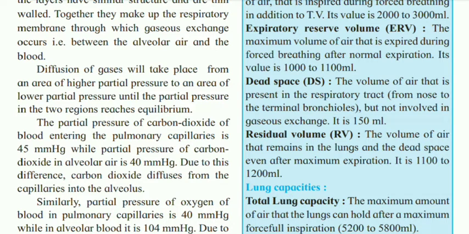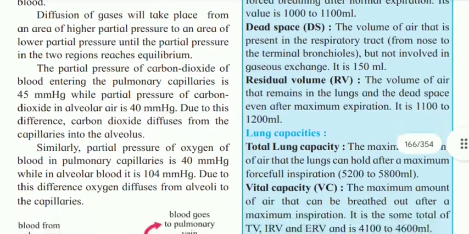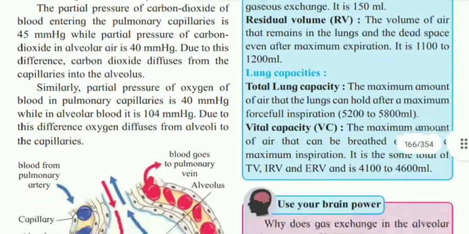Due to this difference, carbon dioxide diffuses from the capillary into the alveolus, that is from the high pressure to the low pressure. Similarly, partial pressure of oxygen in the pulmonary capillary is 40 mmHg, while in alveolar air it is 104 mmHg. Due to this difference, oxygen diffuses from alveoli to the capillaries.